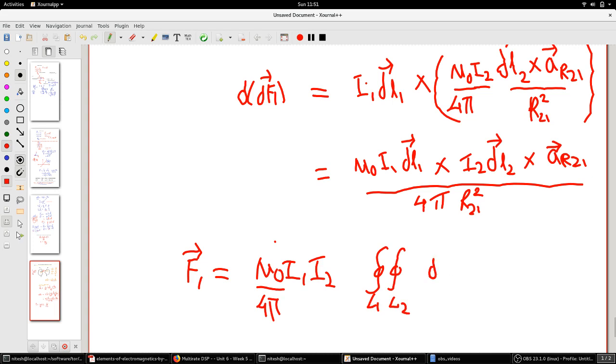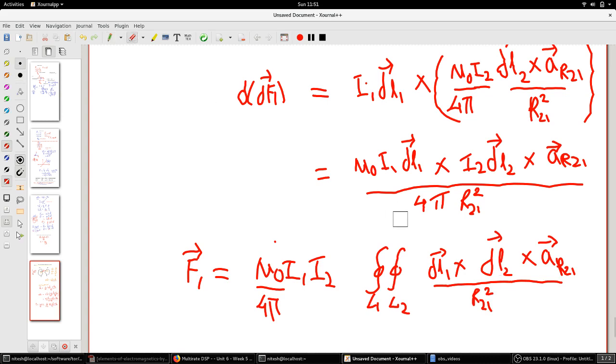So dL1 cross product with dL2 cross product with aR21 upon R21 square. So let me just make this one.